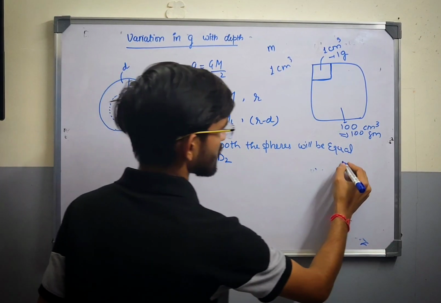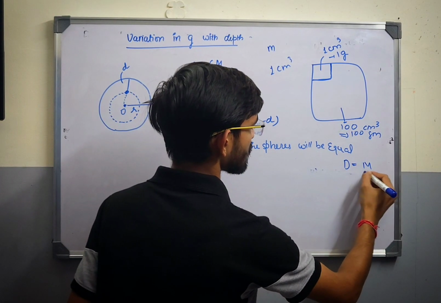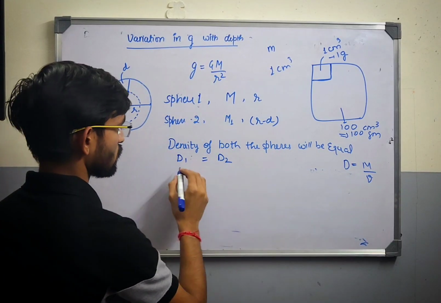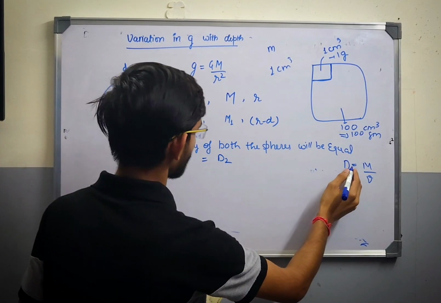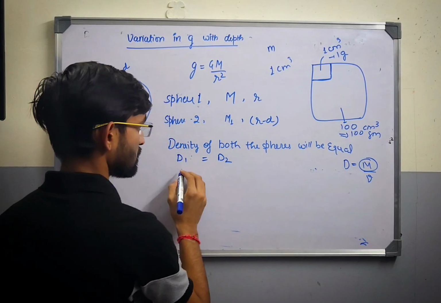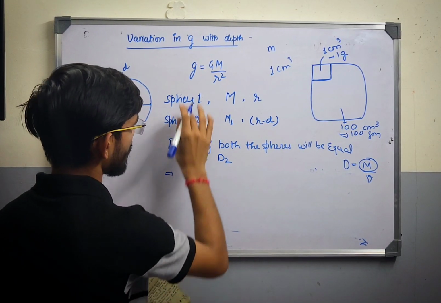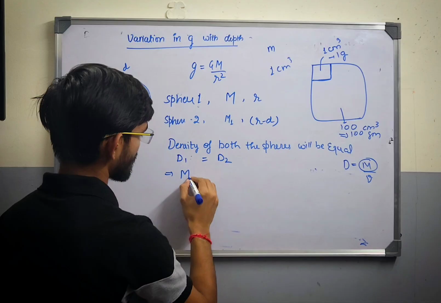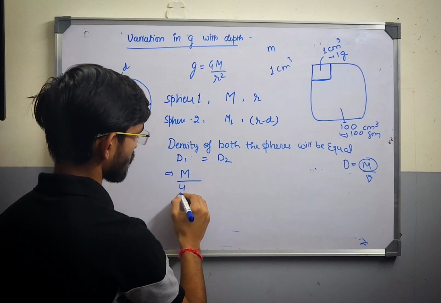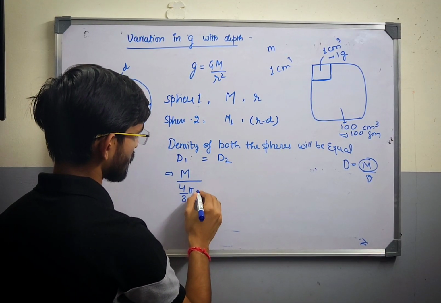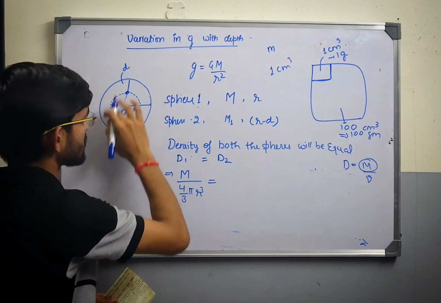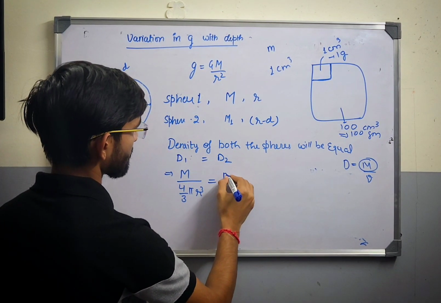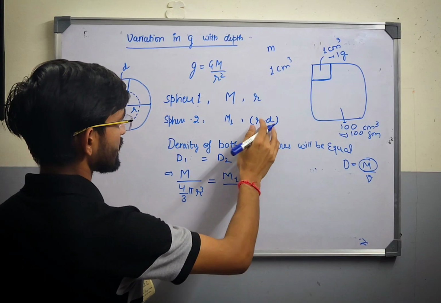As you know, density is equal to mass upon volume. So d1 is the density of our bigger sphere, the mass of the bigger sphere is capital M, that is the mass of earth, upon volume 4 upon 3 pi r cube. This r is the radius of earth. For d2, the mass of this smaller sphere is m1 and its radius is r minus d.